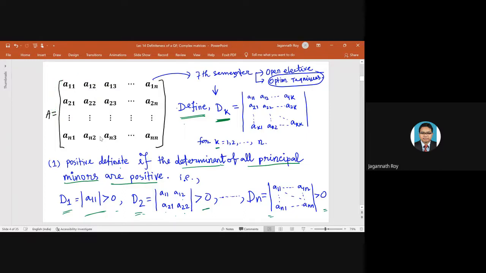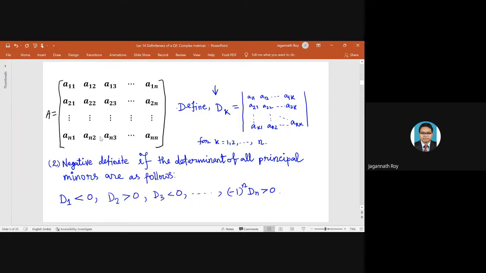Now similarly, for negative definite, the determinants of the principal minors will be as follows. D1 will be negative.